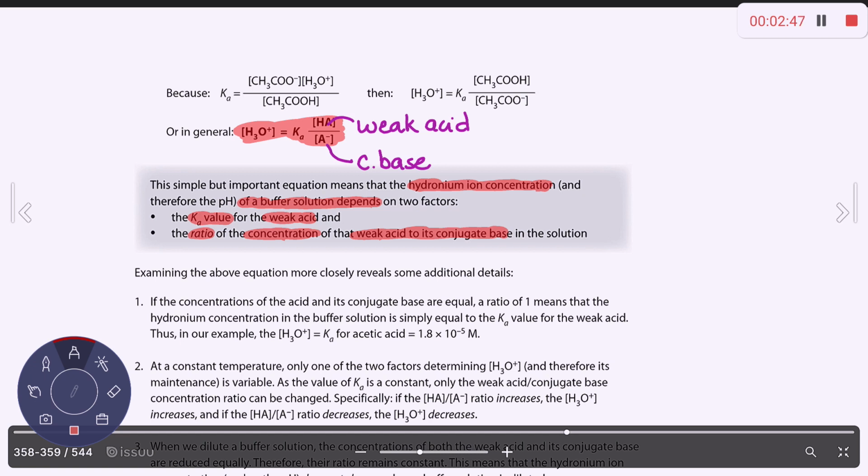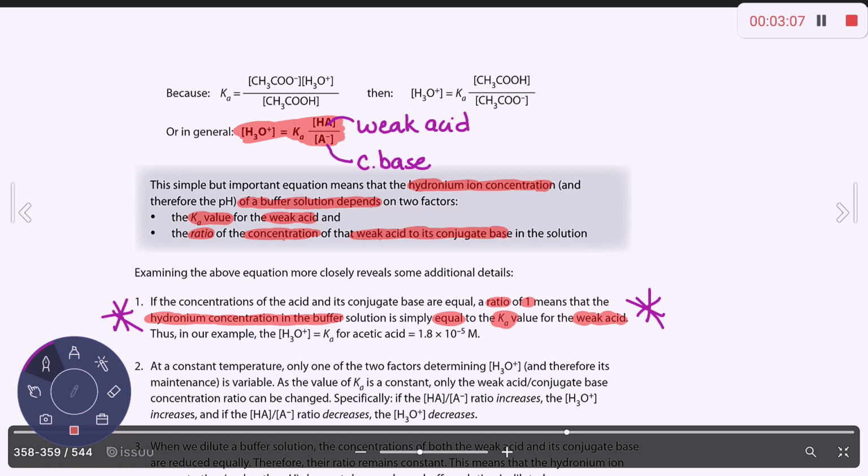If you have a ratio of 1, it means that the hydronium ion concentration in the buffer equals the Ka of the weak acid. I would definitely memorize this or understand that.